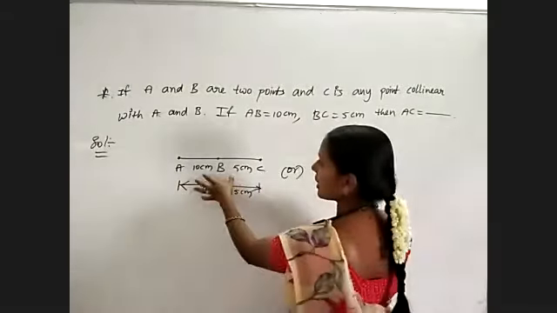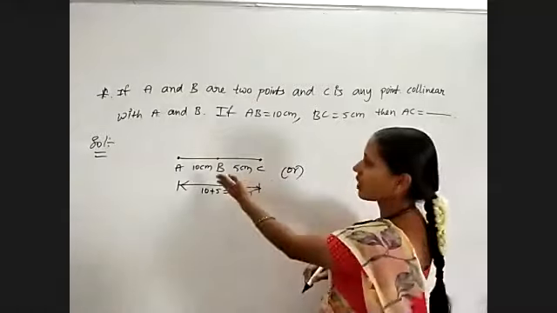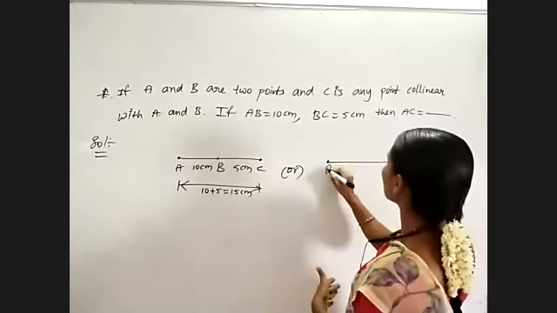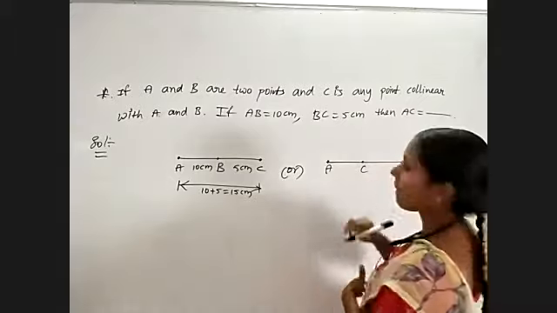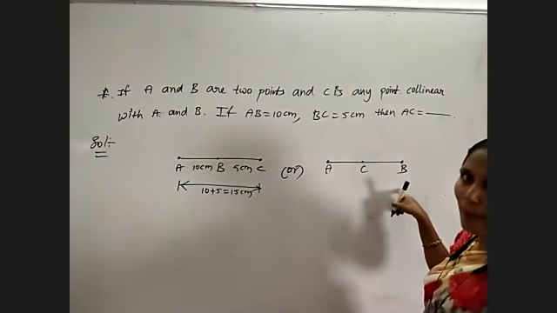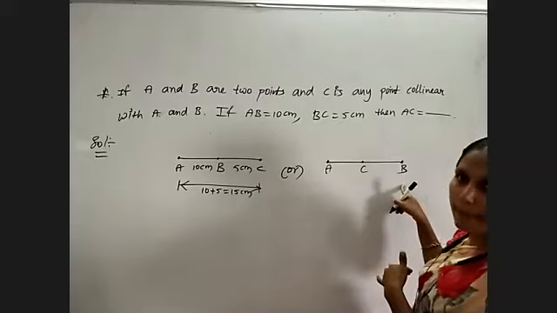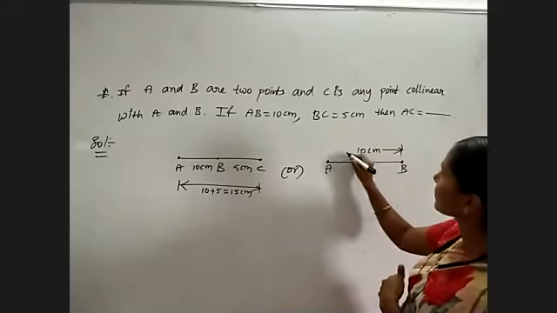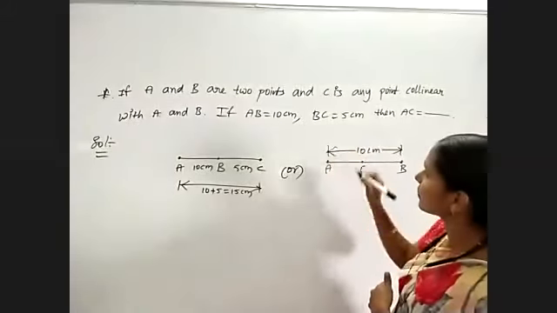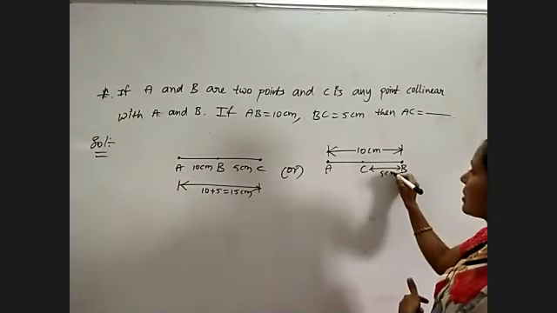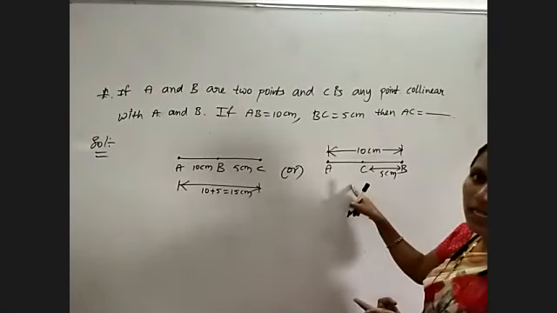It is either out of AB, otherwise between A and B. Now, if it is between A and B, total AB length given 10 centimeters and BC length given 5 centimeters. What about AC?